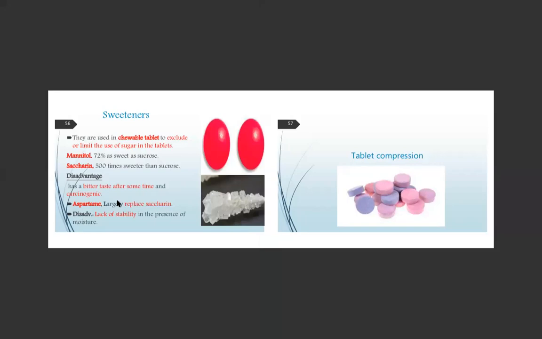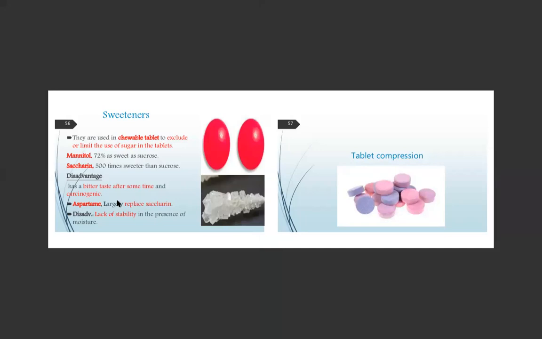I had told you it is carcinogenic also. Aspartame is also a sweetening agent nowadays, which has replaced saccharin because saccharin has become carcinogenic. So it is slowly being removed from the market. Hence, aspartame is the sweetening agent which is replacing saccharin.